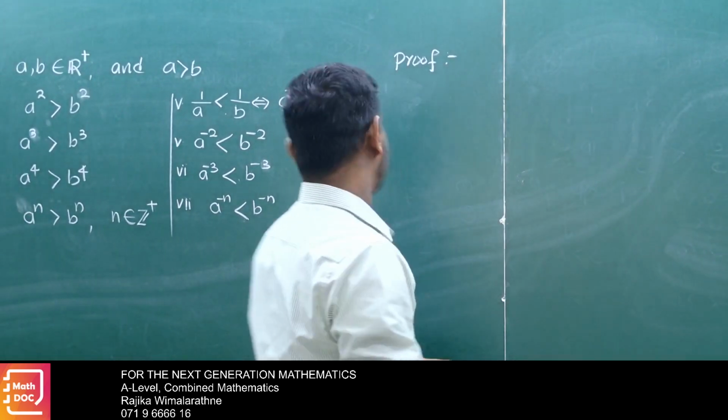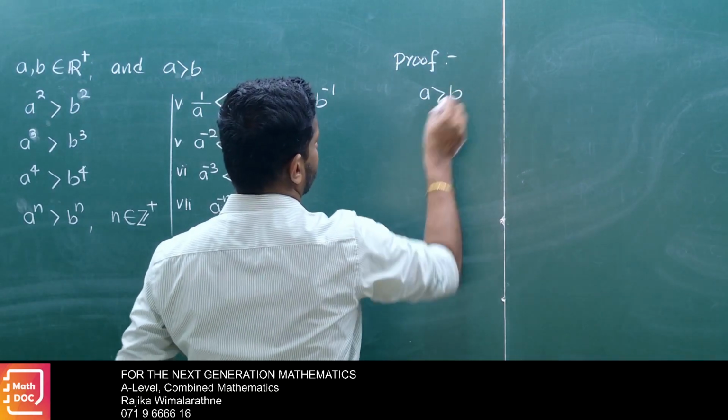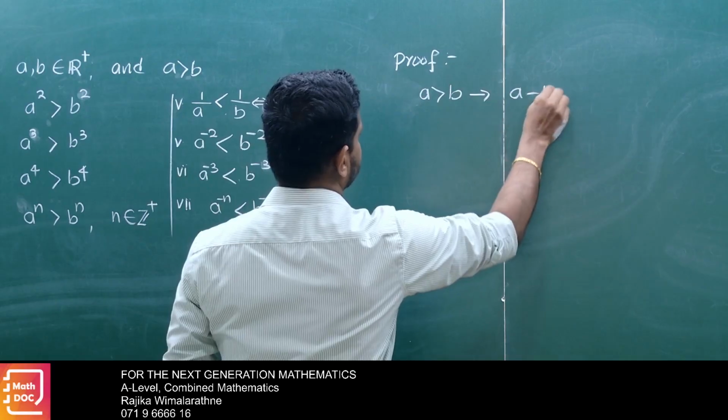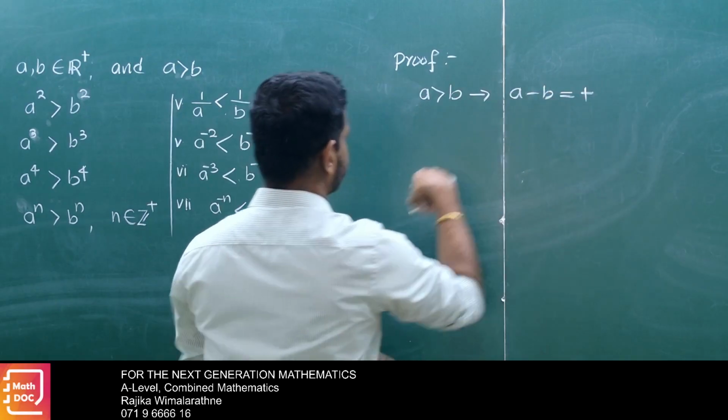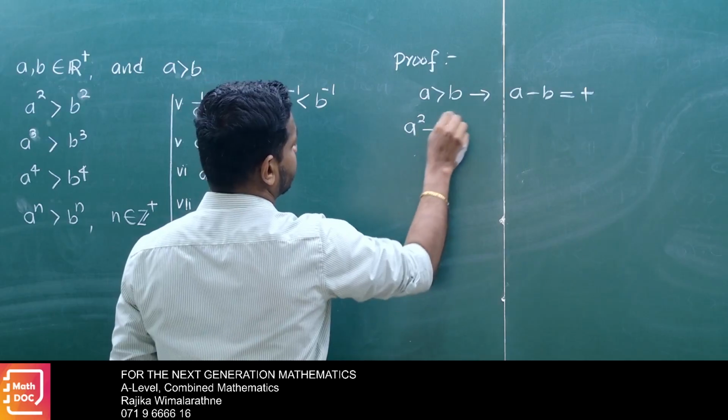So, first one: A greater than B, no? That means A minus B is positive, no? Positive. Then think about A square minus B square.